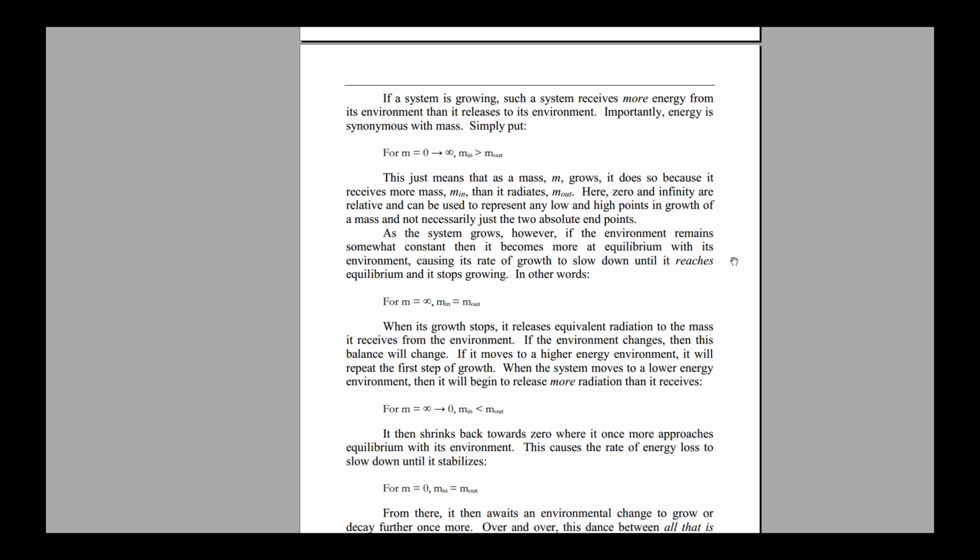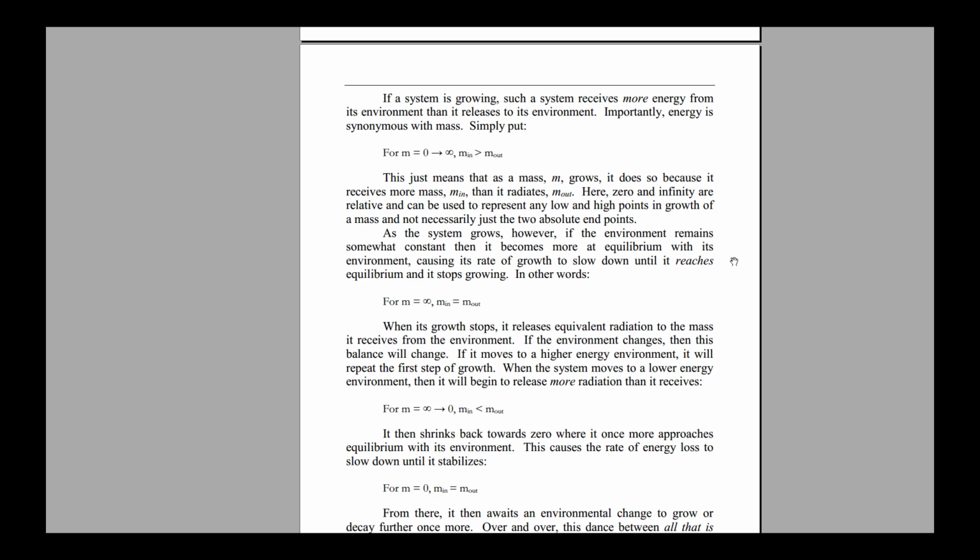As the system grows, however, if the environment remains somewhat constant, then it becomes more at equilibrium with its environment, causing its rate of growth to slow down until it reaches equilibrium and it stops growing. In other words, for m equals infinity, mass in equals mass out.